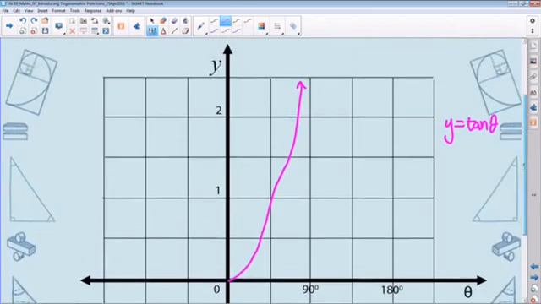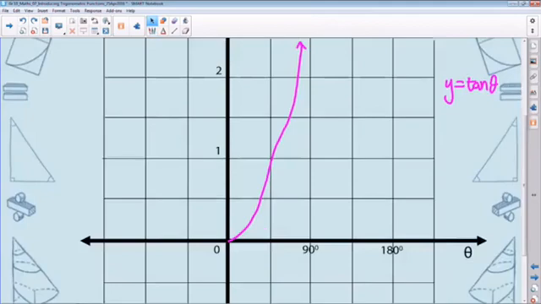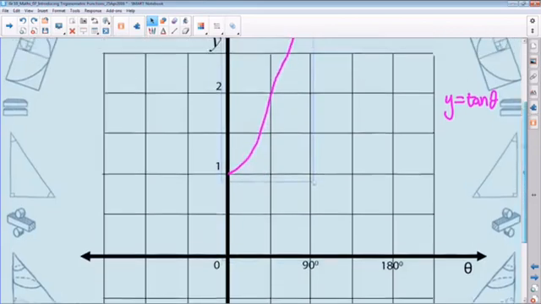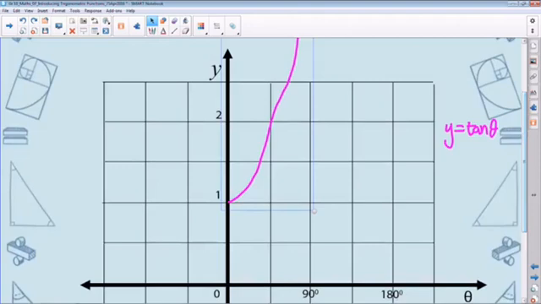Okay, and now I'm going to pick it up with my arrow, and I'm just going to move it. You see how I'm moving it? The whole function is moving up. And there we go. Instead of being at 0 and 45 degrees, it's now at 45 degrees and 2. And over here, it's at 0 degrees and 1.